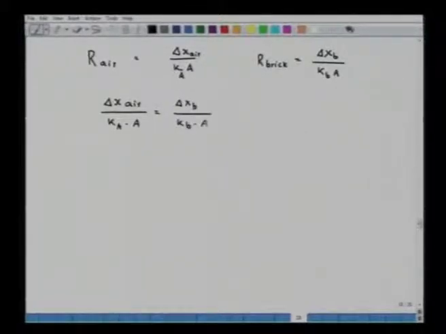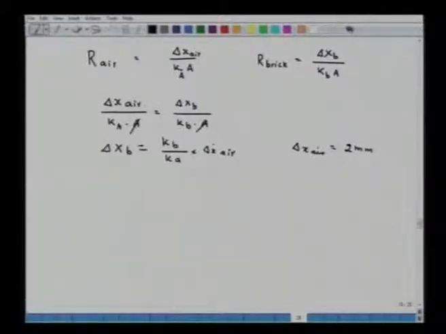So, from here we can calculate delta X B, the A gets cancelled, and that will be equal to K B upon K A into delta X air. Now, delta X air is equal to 2 millimeter, to be converted into inches.